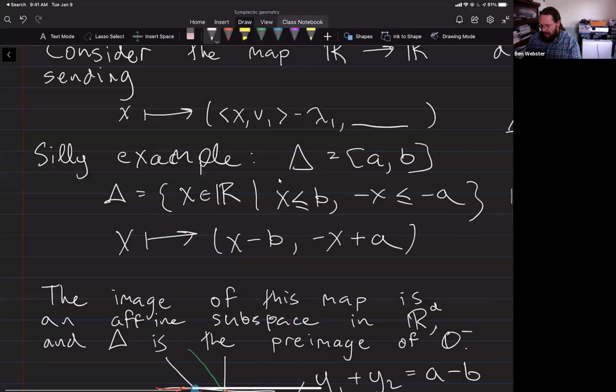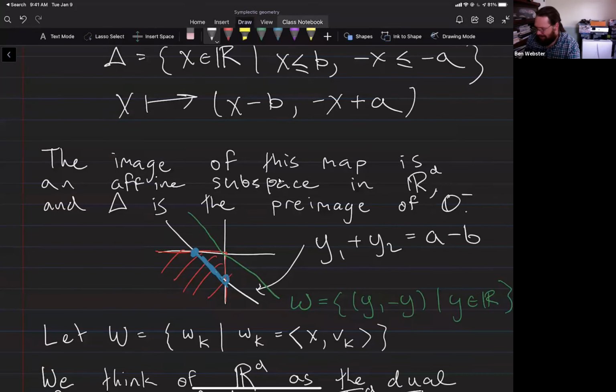Now my map: I have the inner product with the vector 1, that's just x minus lambda_1, so x minus b. And the inner product with the vector minus 1 gives minus x minus minus a, so plus a. If I think about what happens when I map into R^2 this way, I get the affine subspace of R^2 defined by the sum of my two coordinates being a minus b.